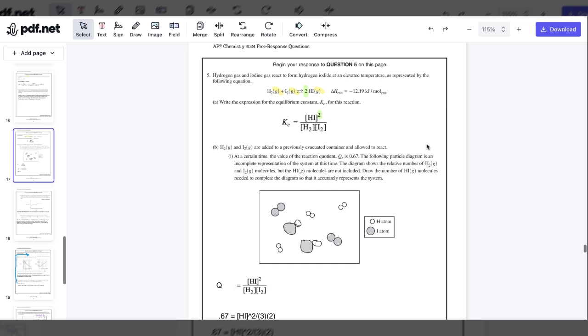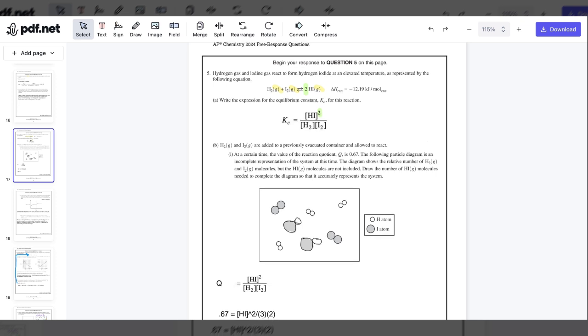So there's 2 reasons why HI could be increasing. One of them could be that you are increasing the concentration of your reactants. If you increase H2 or I2 or both, that means the reactants are weighed down, and the system has to produce more product to maintain equilibrium. So that's one reason why you would have more moles of HI.